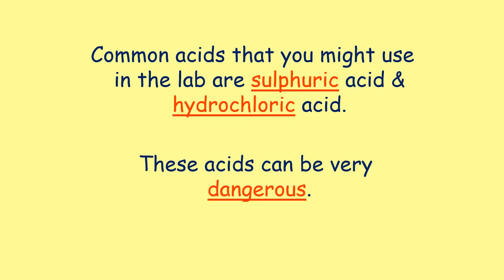Well, sulfuric and hydrochloric acid. Nitric acid would also be in there. And these acids can be very dangerous. They could also be very harmful. You could say any sort of word related to dangerous. Could be very concentrated as well.